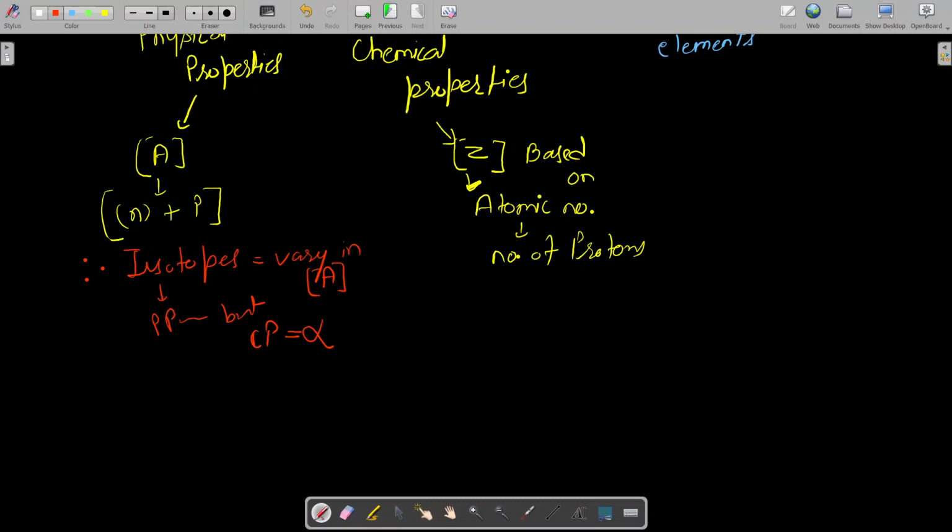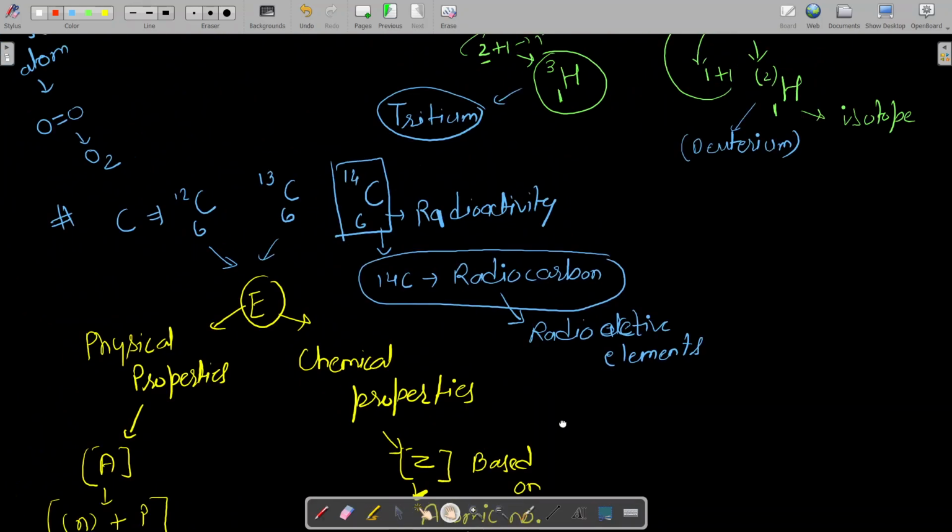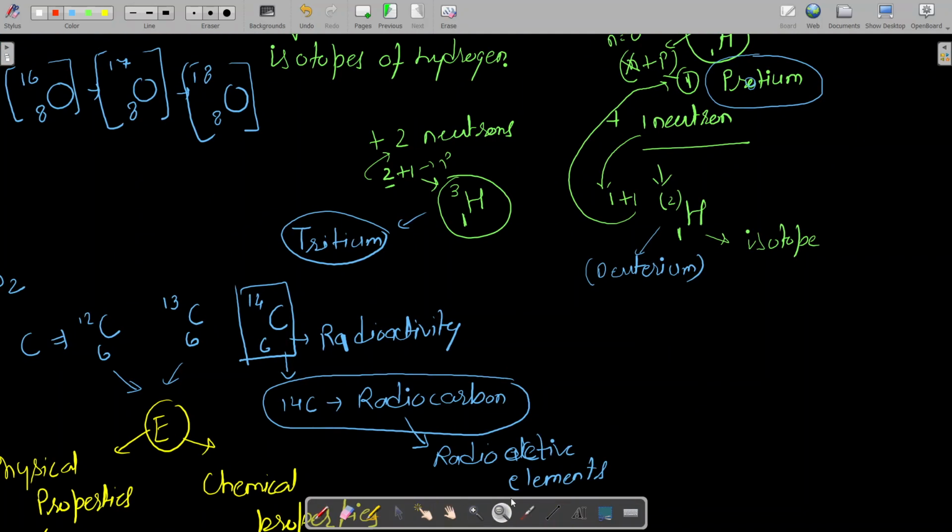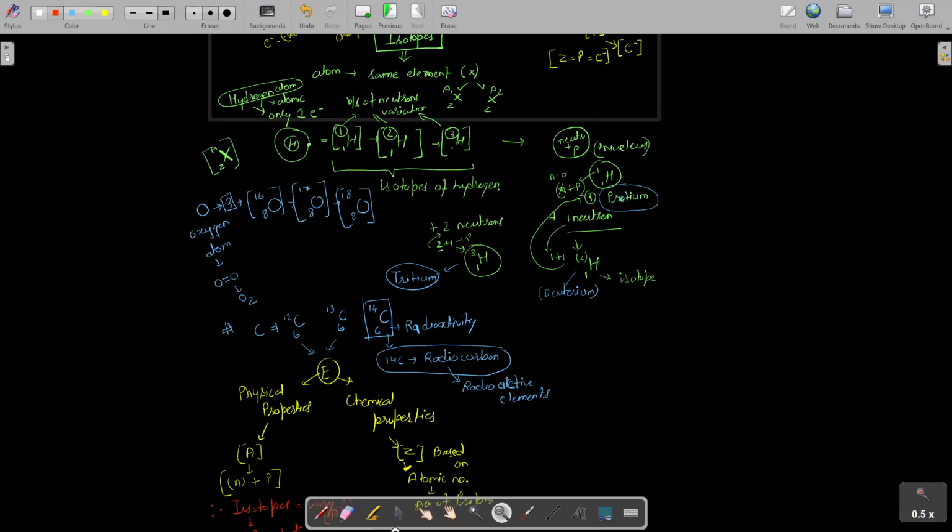A number of examples are there regarding isotopes, like oxygen I discussed, carbon and hydrogen. In the case of hydrogen, there are three that we discussed already. So these are the chemistry points of view.